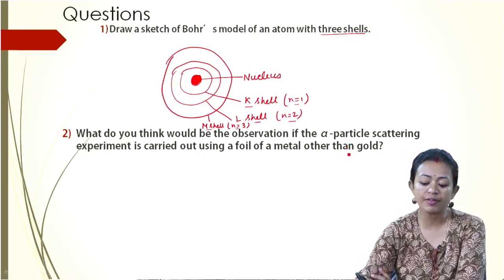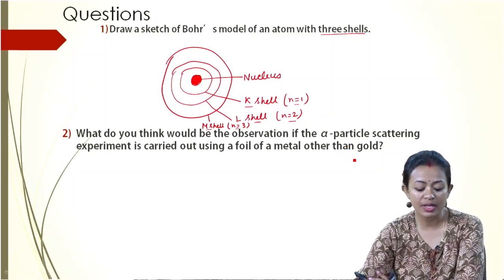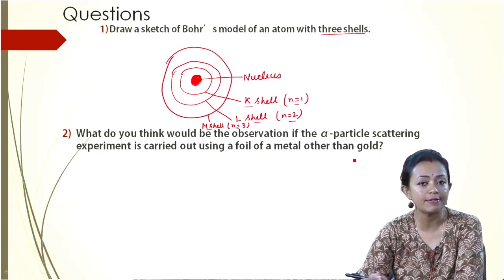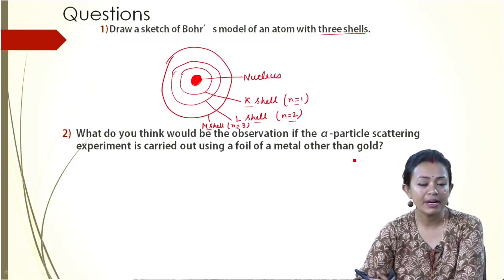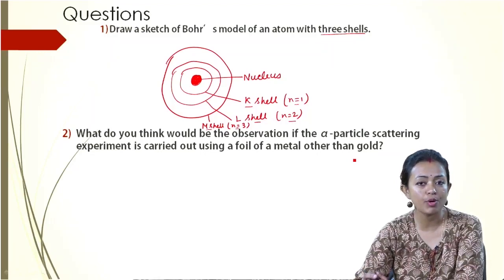So if the alpha particle scattering experiment had been carried out with any metal other than gold, then maybe the alpha particles would not have shown any deflection or deviation by any small angle, and there would have been no observation at all. But taking gold into account, it brought the layer of atoms to the minimal.